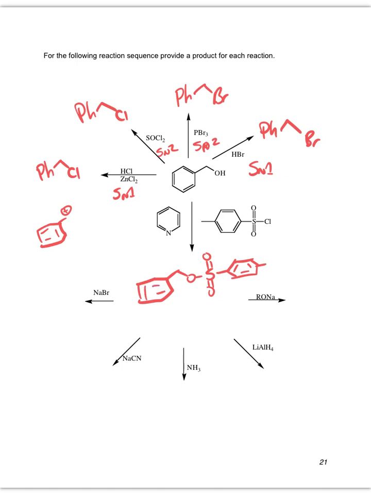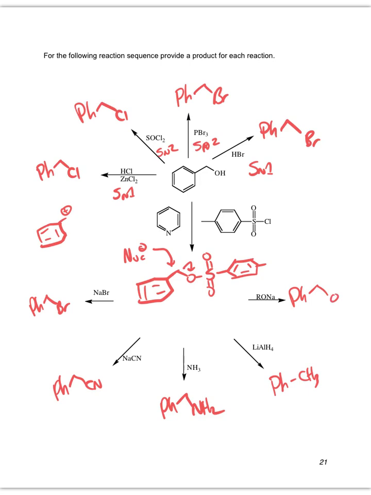And the tosylate is a good leaving group, so our nucleophile, whatever it is, can add to that carbon, kicking out the tosylate. So we can make the benzyl bromide, we can make the benzyl cyanide, we can make the benzylamine, we can make toluene, where the nucleophile is just H minus, or we can make the benzyl ether with whatever our alkoxide is.